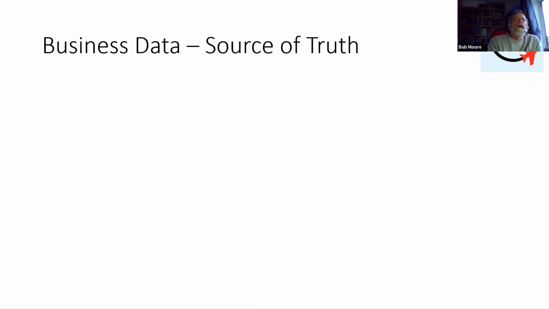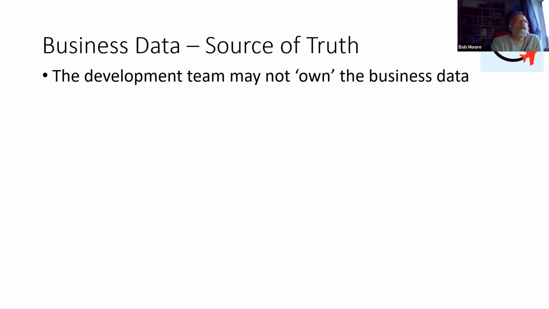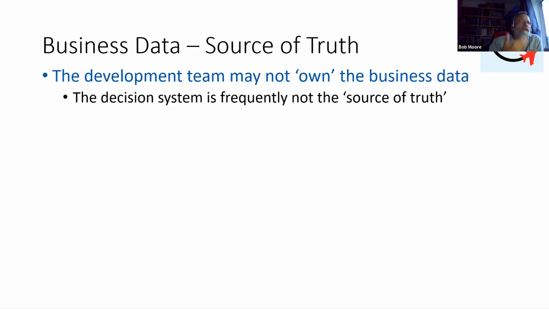And then just to go back and revisit this idea of the source of truth. If the development team doesn't own the business data, the decision system, and this is actually very common, particularly if there's lots and lots of business data, the decision system isn't the source of truth.